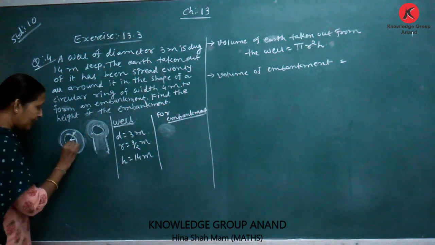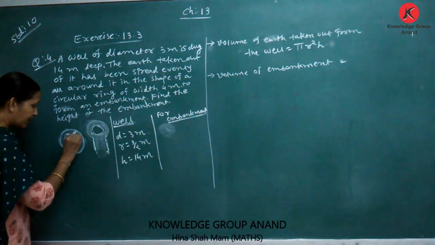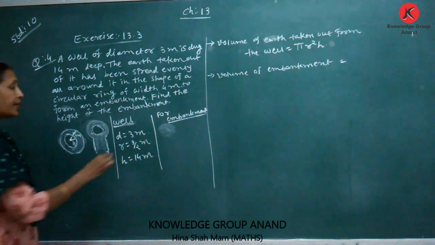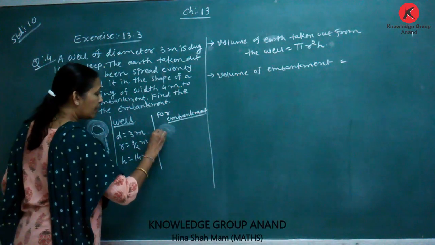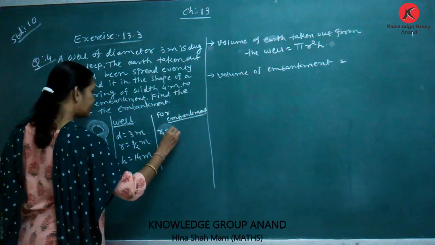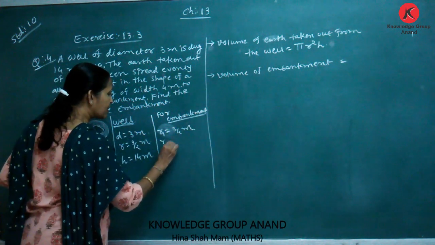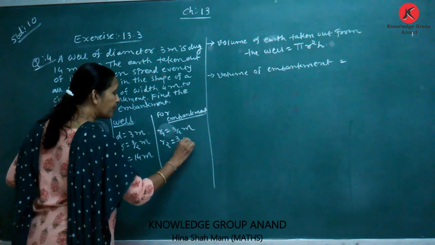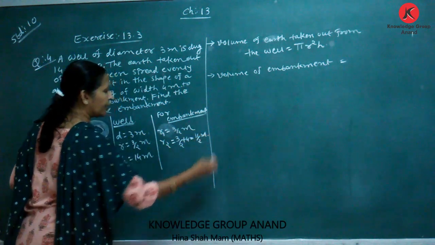It is 3 by 2 meter and it is 4 meter. Width is equal to 4 meter. Then the radius of the embankment: the first radius we calculated here is 3 by 2 meter, and the other radius is equal to 3 by 2 plus 4, which is equal to 11 by 2 meter.